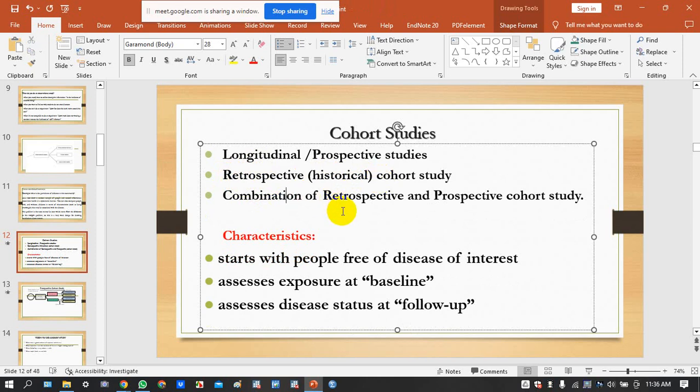You can combine a retrospective study, looking back the last 5 years, and also 5 years from now.